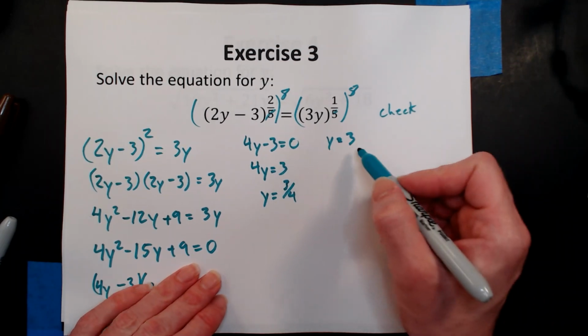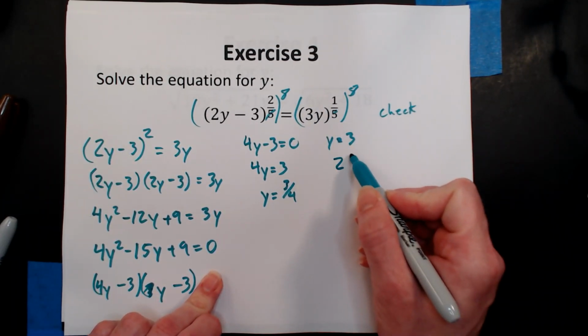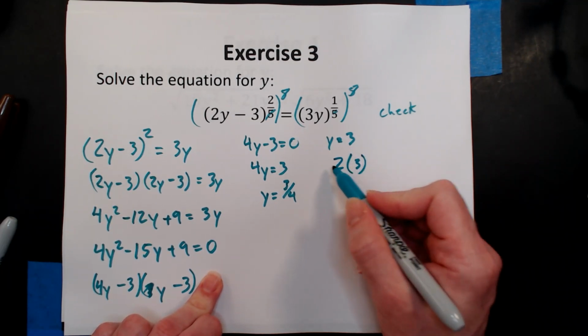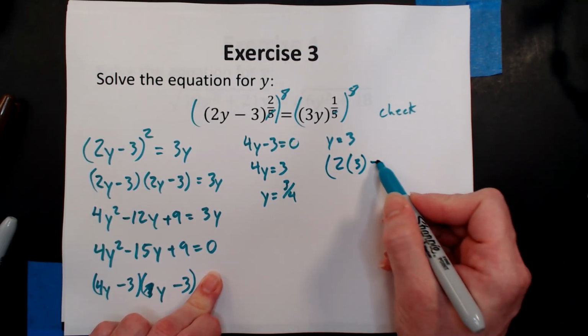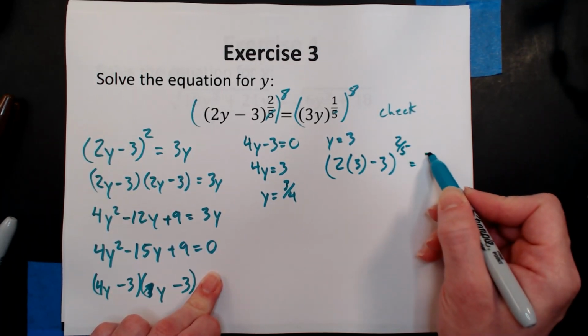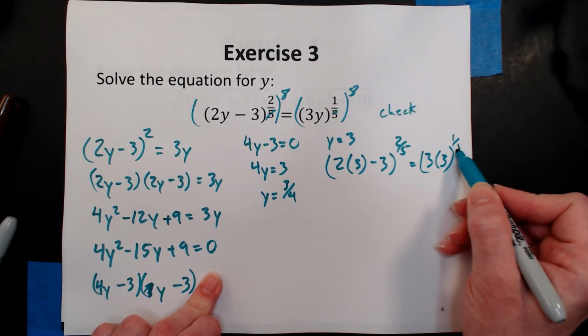So we'll check the nice whole number 3 real quick, and we'll say 2 to the third. Sorry, not 2 times 3, excuse me. Minus 3 to the 2/5 equals 3 times 3 to the 1/5.